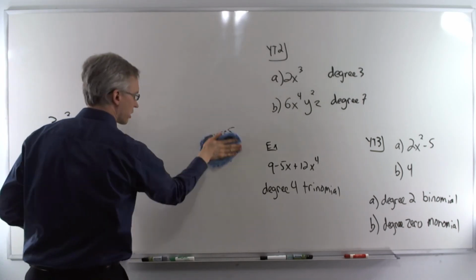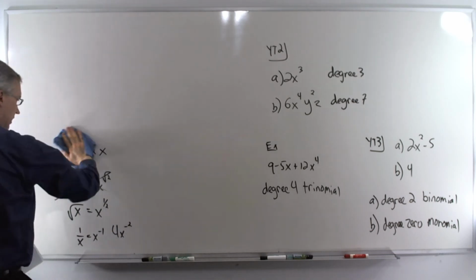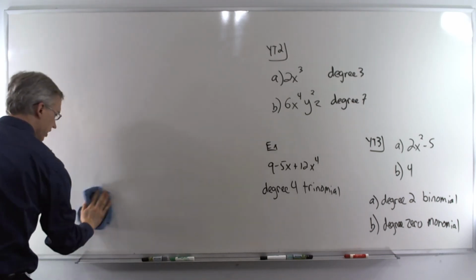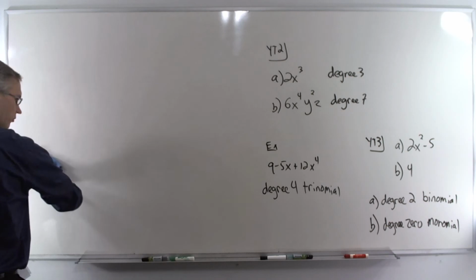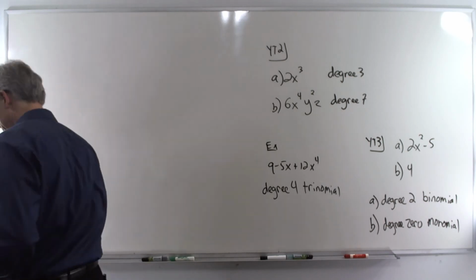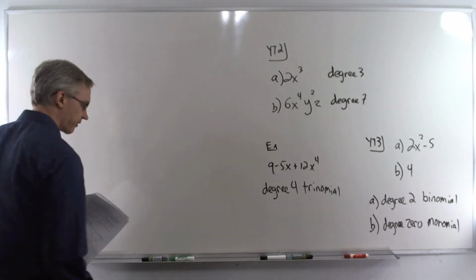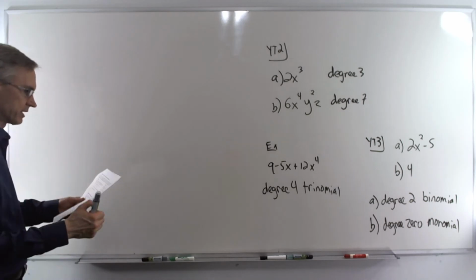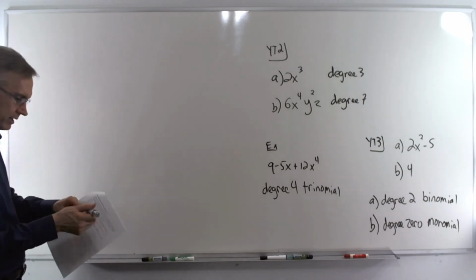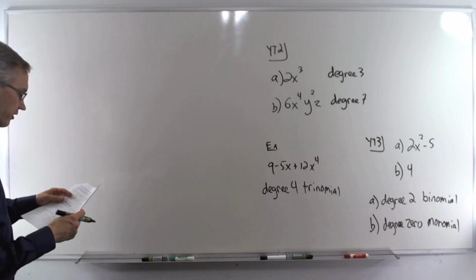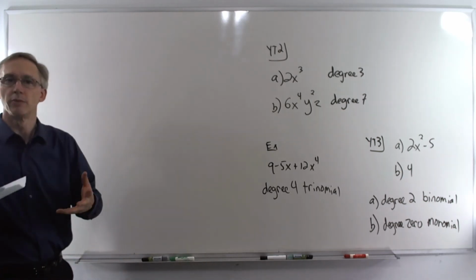So polynomials are generally written in a certain format. It can be very confusing if you just write whatever term in whatever order you feel like. And it's a lot harder to figure out the degree. So we write things in descending order so we can immediately see the degree and the leading coefficient, which are important for analyzing the behavior of polynomials.